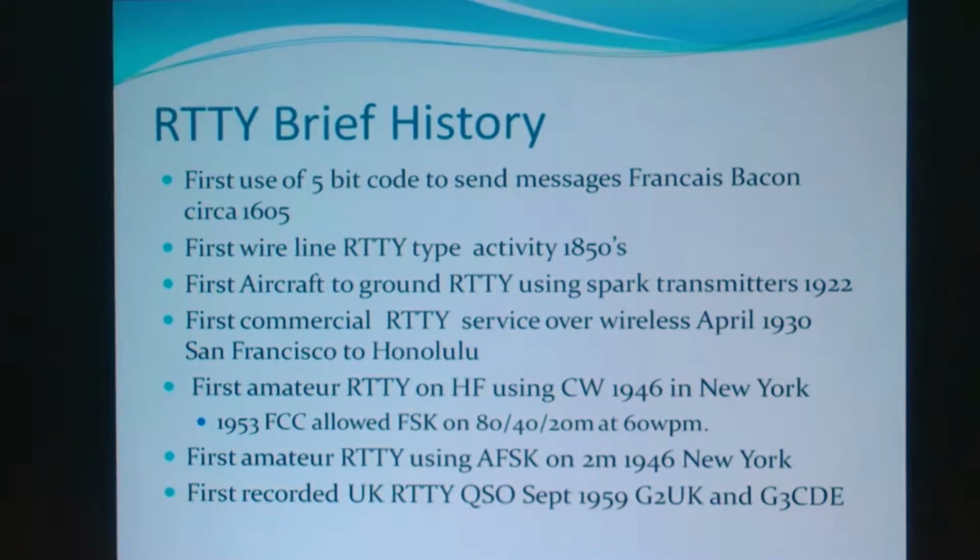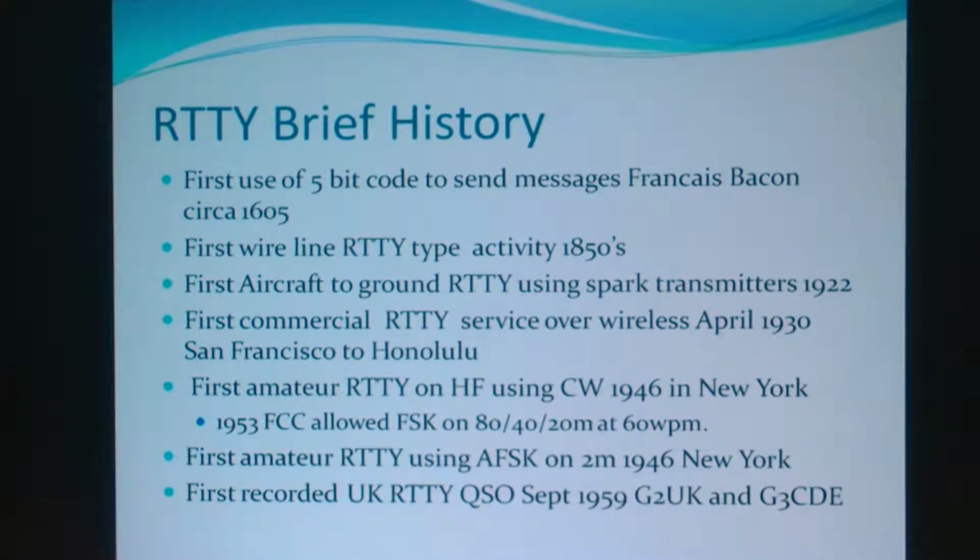And then, surprisingly, the first UK one I could pick up anywhere was in 1959. That seems quite late to me, but that was the first one I could pick up. That's also around the time when the British Amateur Radio Teletype group was set up as well. So that's really where the RTTY came from.